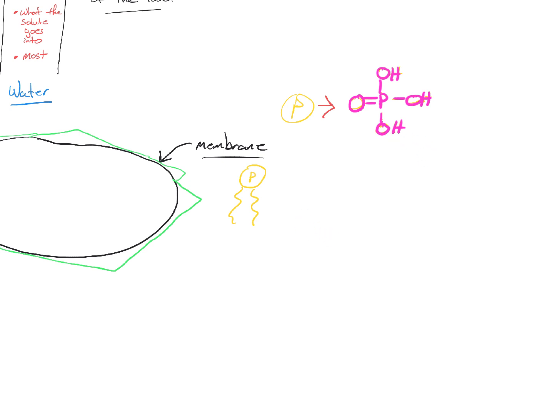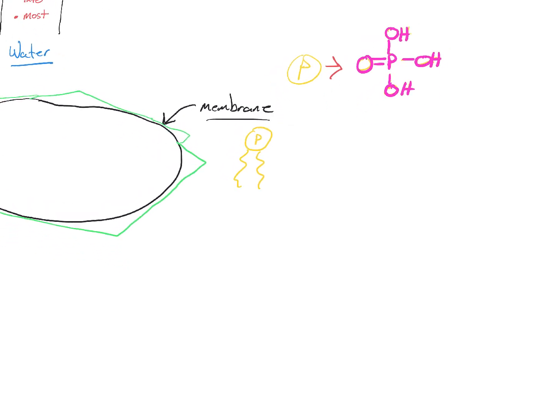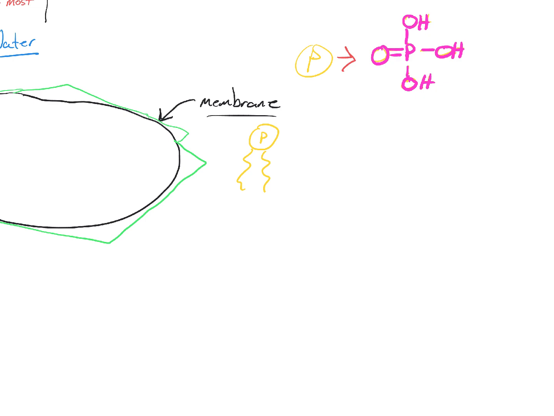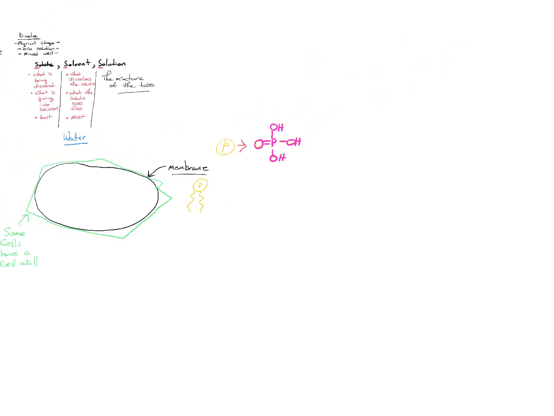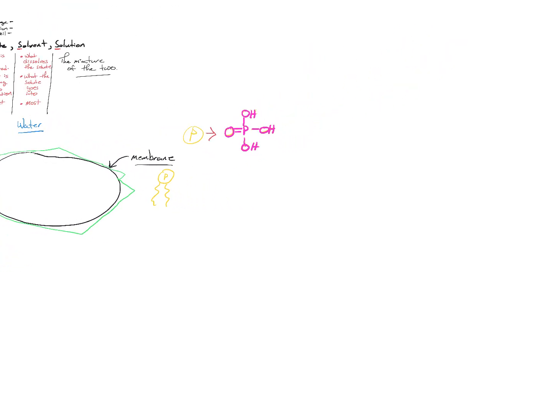Phosphate has a charge, it has a negative charge. When it's bonded to glycerol, we draw this like this, and you have to understand there's a molecule that you should get, if you want to be comfortable in this discussion, you should get used to this little drawing right here.